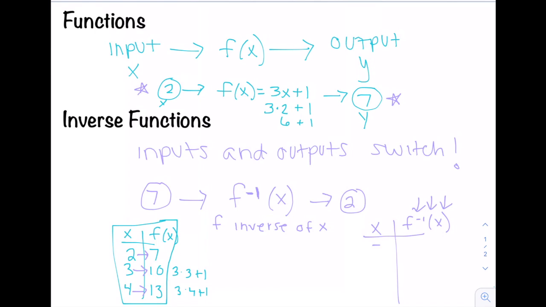So if I put in 7, I should get out 2. If I put in 10, I should get out 3. And if I put in 13, I should get out 4. So when we look at the two tables, we can see that the x value and y value columns switch.